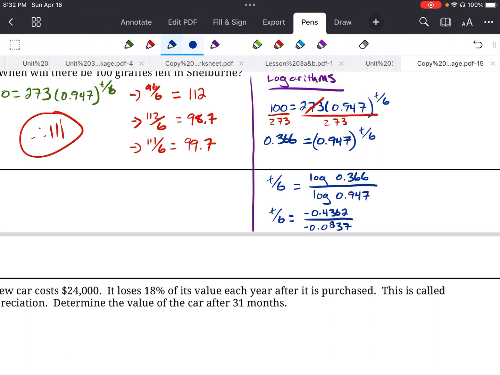And when you divide those out, you get t over 6 equals 18.44. And then to isolate t, we're just simply going to multiply both sides by 6.